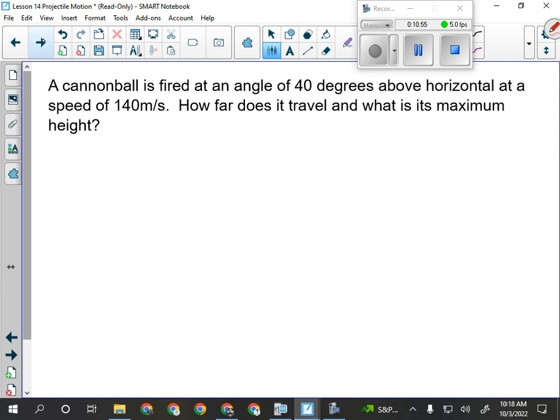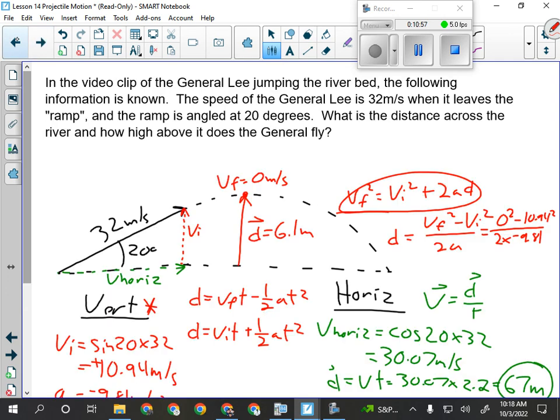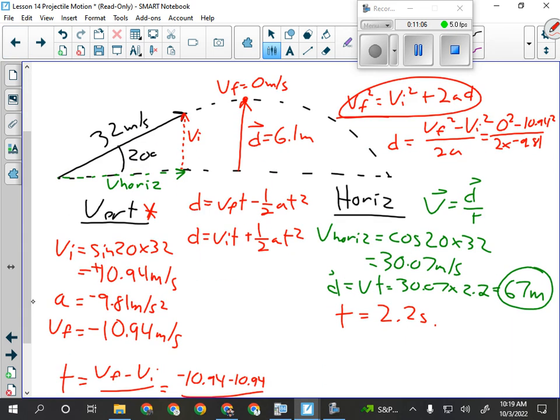So when you half your time, you would go half of 2.23, and then at the end it's t squared, so would you half that, or just do one? Yes, so if we do this, let's actually plug it in and I'll show you that it comes out to the same thing. So this will be 10.94, using this formula here, times that 2.23, plus 1/2 times negative 9.81 times 2.23 squared.